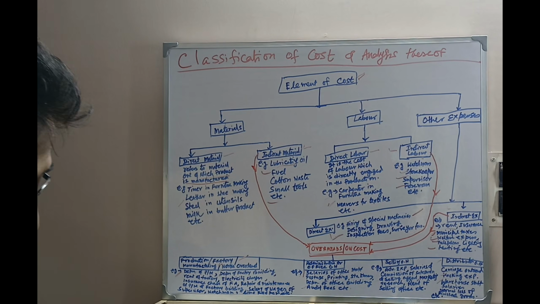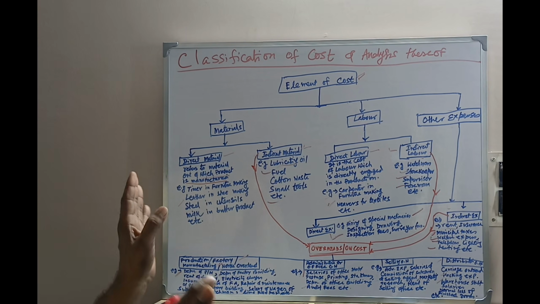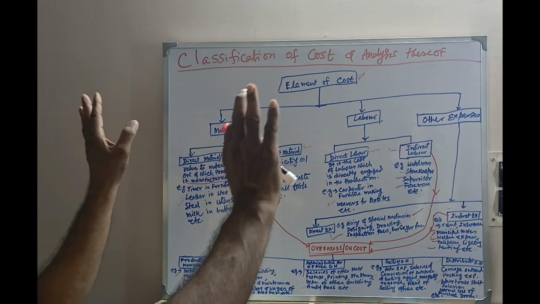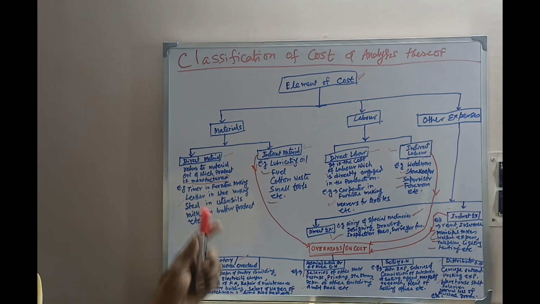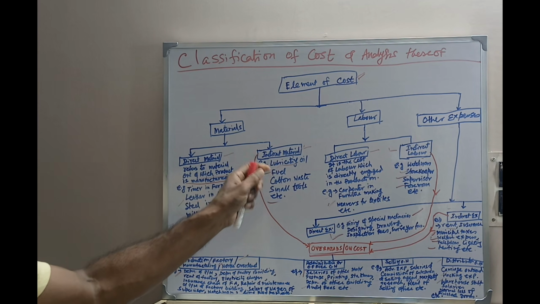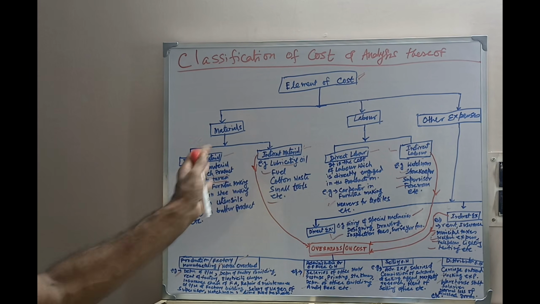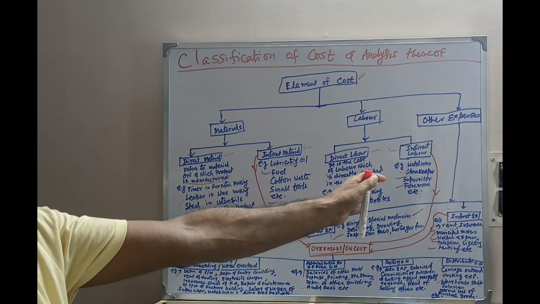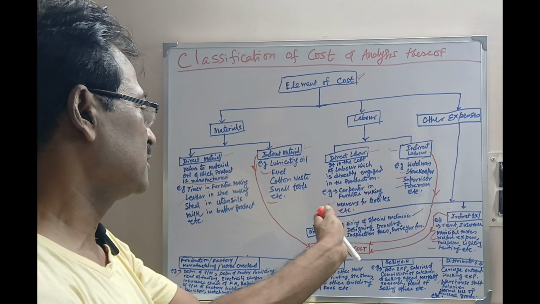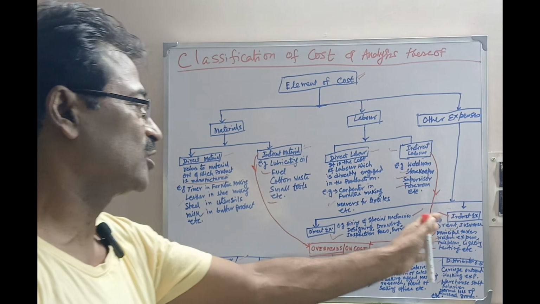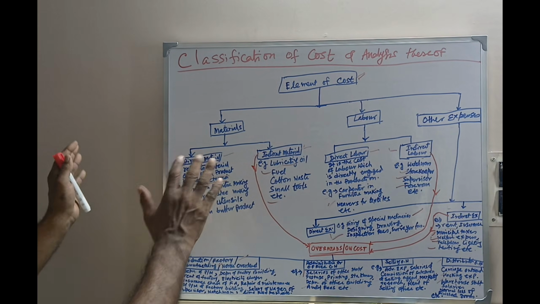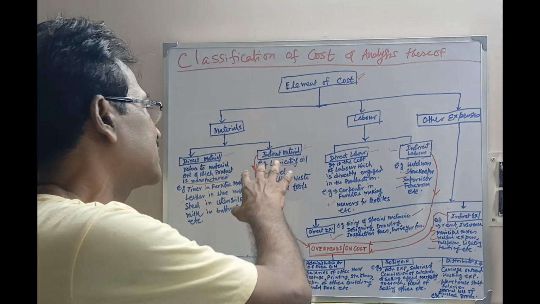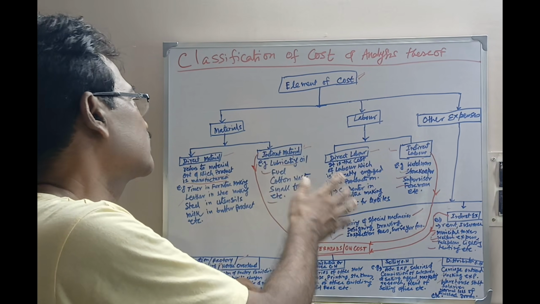Okay, so I repeat, elements of cost are mainly three: material, labor, and other expenses. Each element of cost is divided into two parts. One is direct and another one is indirect. Similarly, direct material and indirect material, direct labor and indirect labor, and direct expenses and indirect expenses. All direct parts, which are costs directly charged to the product, are called direct expenses, direct expenditure.